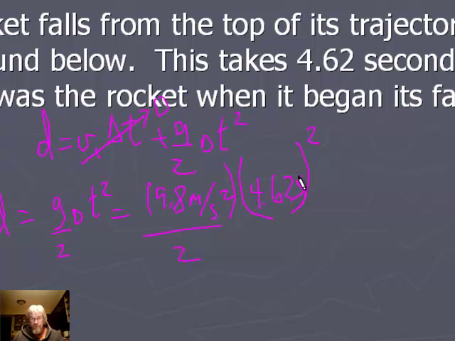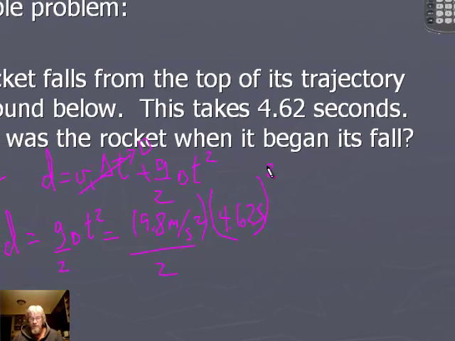Start the evaluate phase here by looking at what happens to units. When I square seconds, I also have square seconds in the denominator here, so the time term just disappears entirely. Square seconds cancel with square seconds. That leaves me only meters, and that's good because what I'm trying to find here is a distance. So now I'll just compute.